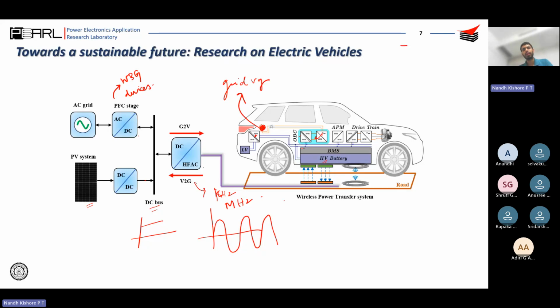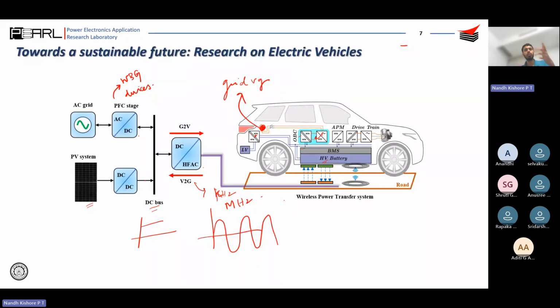Okay, anyway, what they do is they will have one coil on the roadside and another coil on the car, right? So as the car moves, the magnetic field of this coil will link with the other coil, the secondary coil, right?